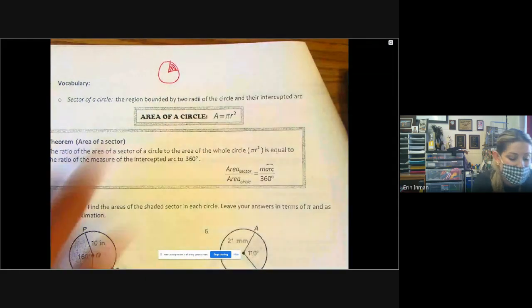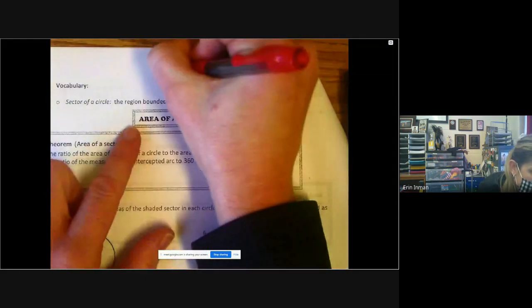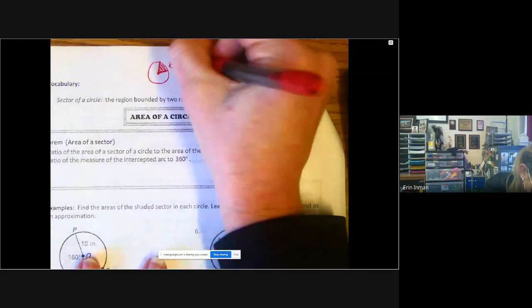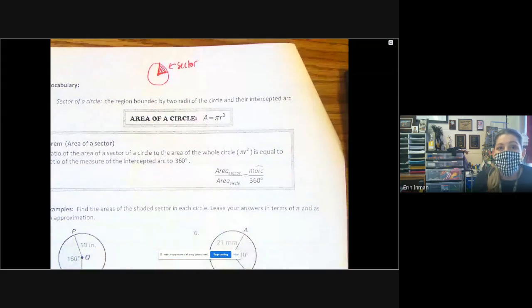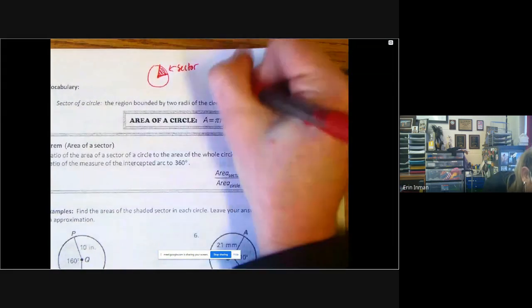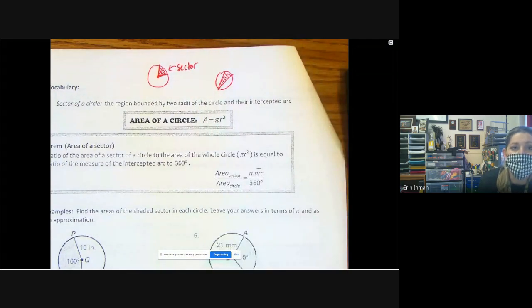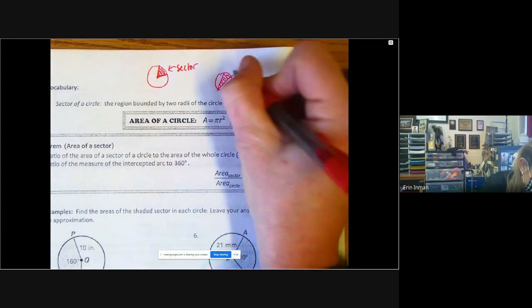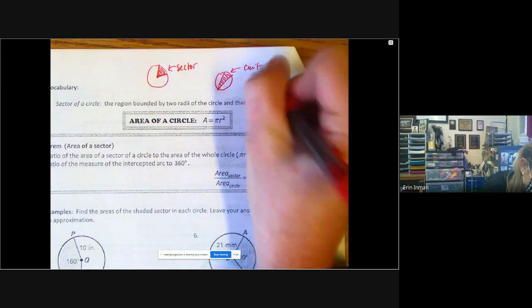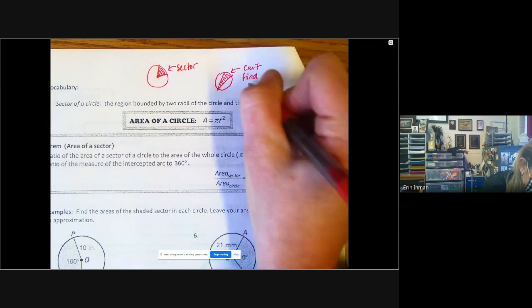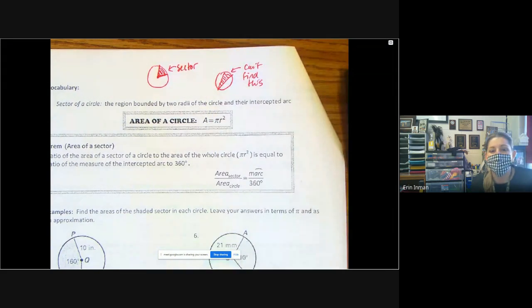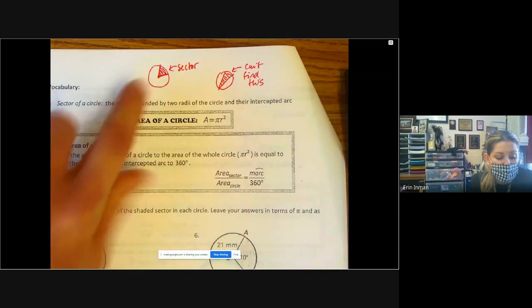It's bounded by two radii, right? The radius and another radius. So this is a sector that we can find the area of. We cannot find the area of that sector. That does not work. Okay, so we aren't going to learn how to do this just in geometry, but we can find this.